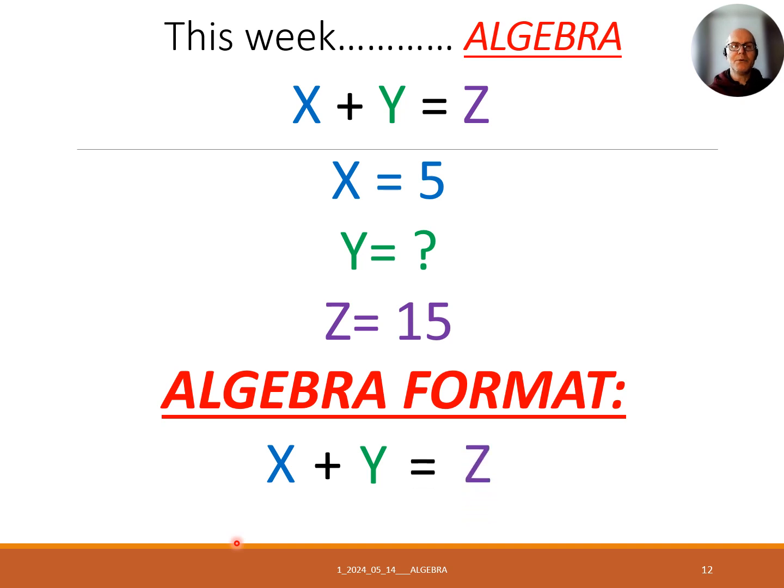X plus y equals z. Substitute the figures in that we do know. 5 we know is what x equals, y is what we're trying to find out, and 15 is z. So what does y equal? 5 plus what?